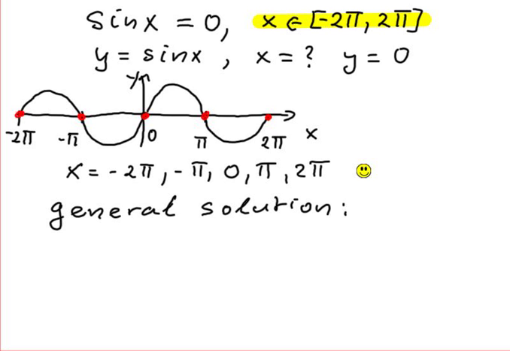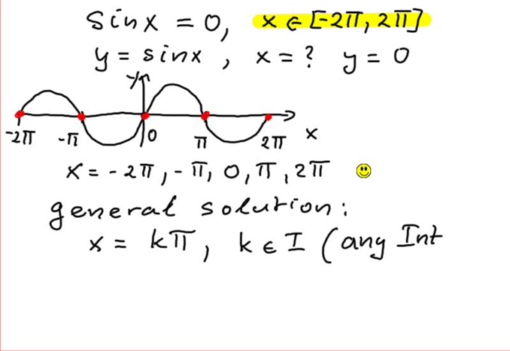So if you were to write the following, x is equal to k pi, where k belongs to integers, in other words, represents any integer. So this will be the general solution for that equation, x is equal to k pi.